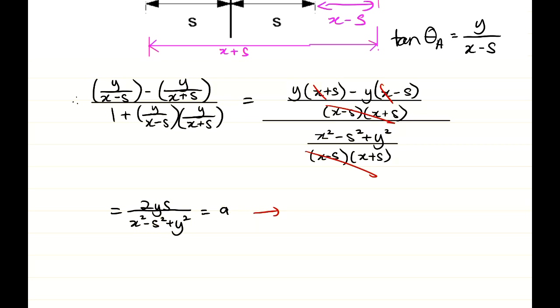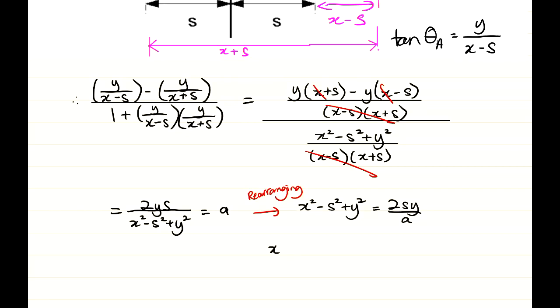So I get x squared minus s squared plus y squared equals 2sy over A. And I can take all the y terms together.